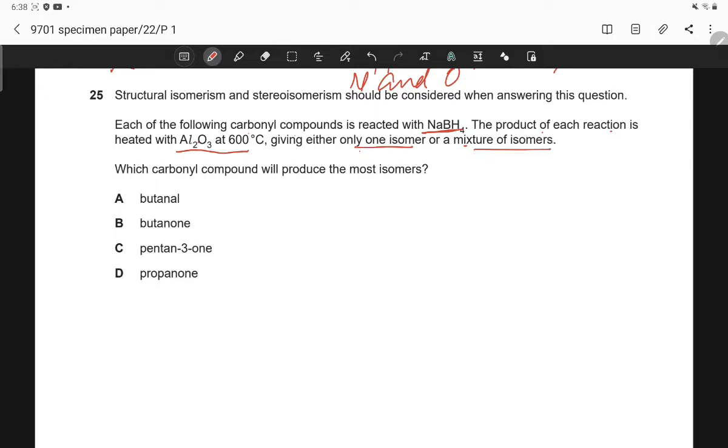NaBH4 is the reducing agent, so the carbonyl compound is reduced.